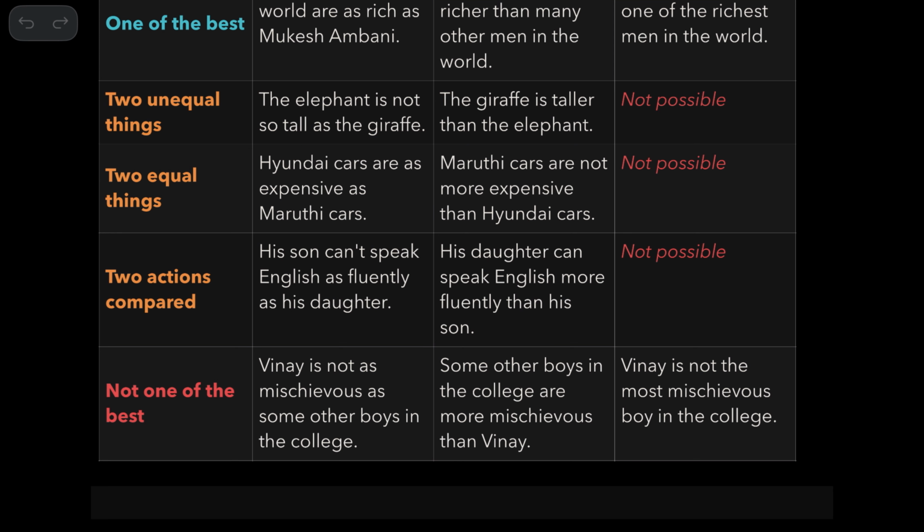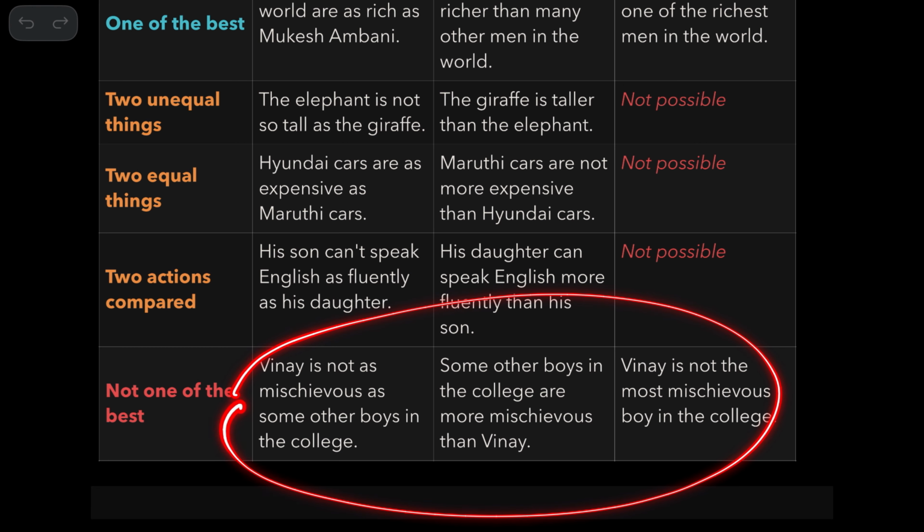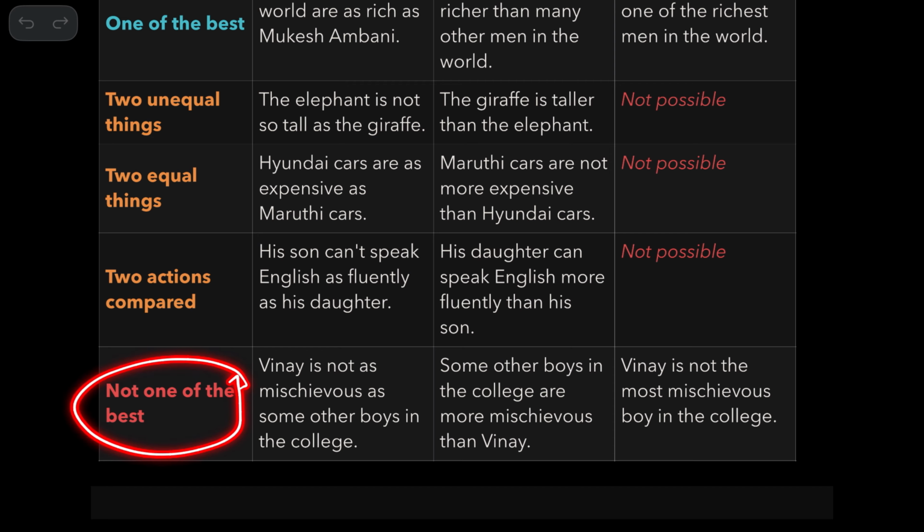So some other boys in the college are more mischievous than Vinay here, and Vinay is not as mischievous as some other boys. This is slightly different, and you are actually referring to somebody and saying that that person is not the best, not the most mischievous, or not the worst.